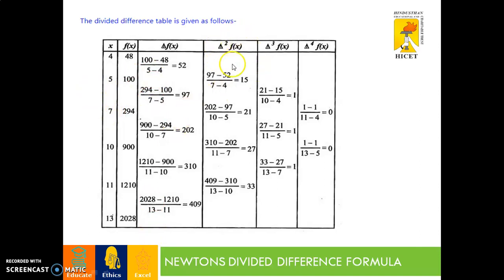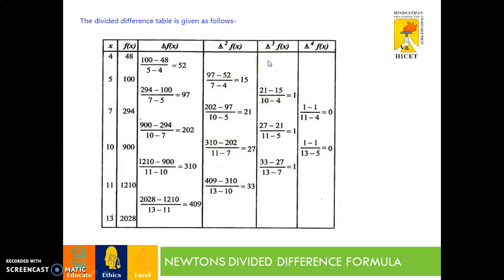Then you have to form the second divided difference, that is denoted by del square f of x naught, or f of x naught, x1, x2. So what's our procedure? You have to subtract this 97 minus 52 divided by 7 minus 4. Then 202 minus 97 divided by 10 minus 5 and so on.